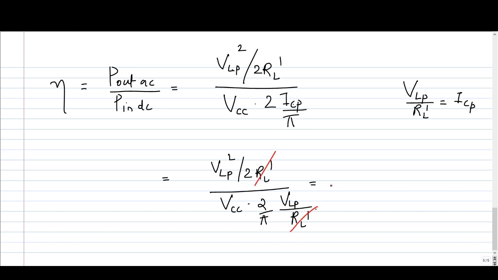This will become pi by 4. One VLP will cancel. So this will be pi by 4 into VLP by VCC. So the conversion efficiency is pi by 4 into VLP by VCC into 100%.